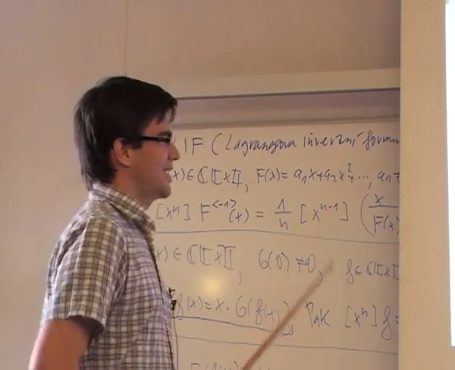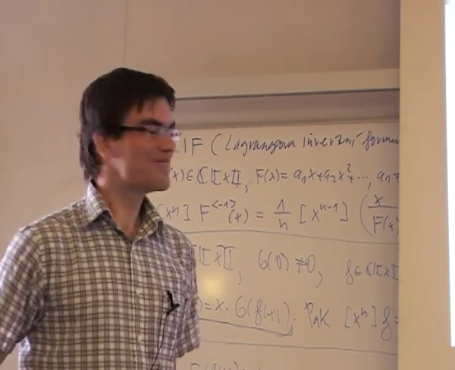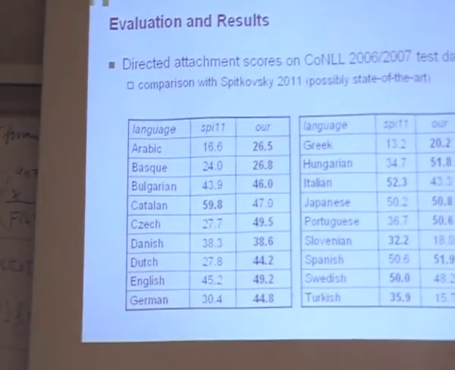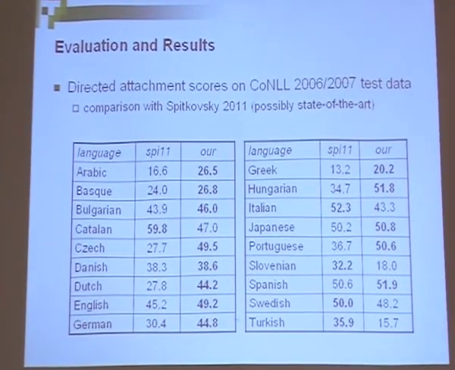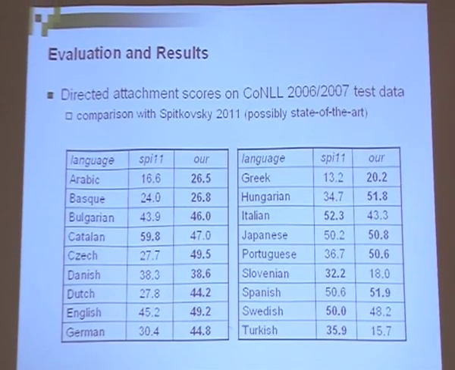By this table, I would like to say that my results are better than Spitkovsky's. We have 18 languages, and for 13 of them my results are better. So it's good. But it's a little bit of an unfair comparison, because Spitkovsky used only the CoNLL training data, and I use a larger corpus.